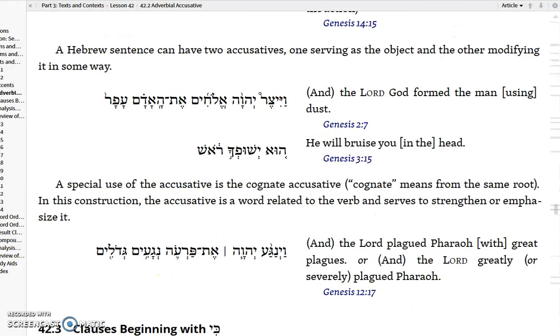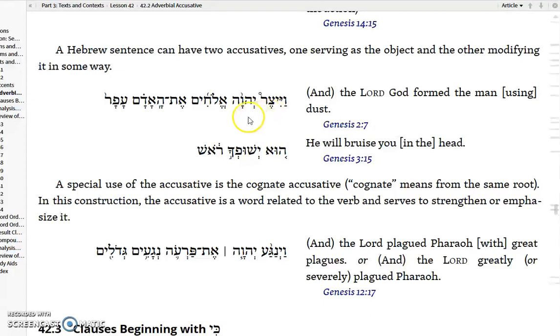A Hebrew sentence can have two accusatives, one serving as an object and the other modifying it in some way. So in the creation account in Genesis 2:7, Vayitzar Adonai Elohim et ha'adam afar.